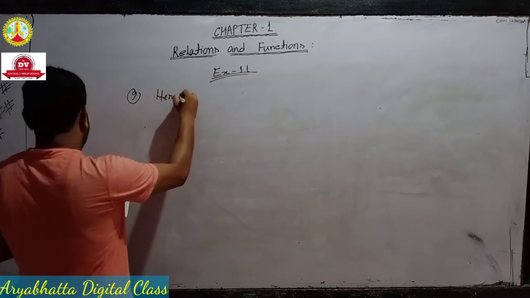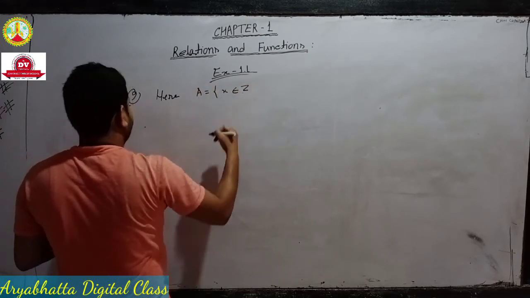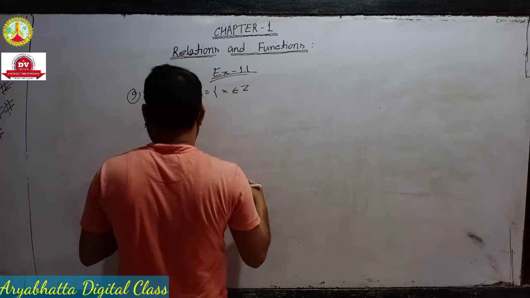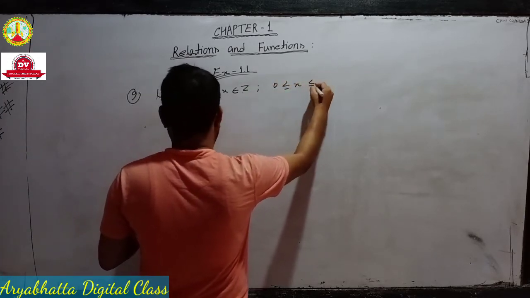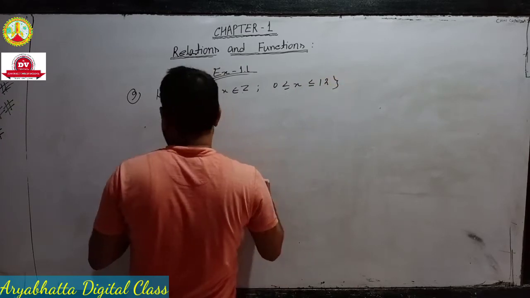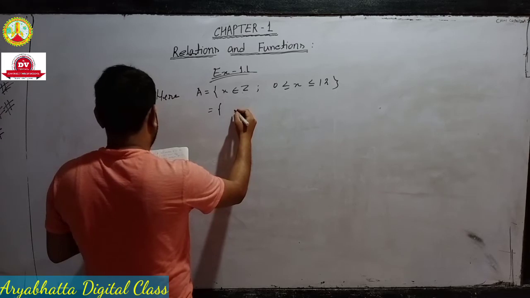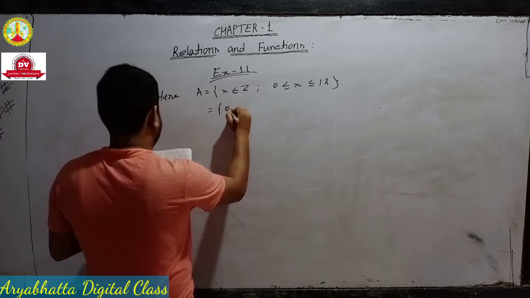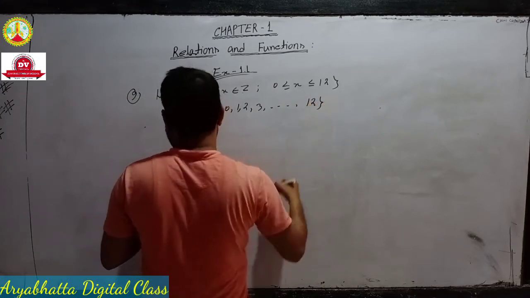Here A is equal to x belongs to Z, Z means integer, such that 0 is less than or equal to x less than or equal to 12. This is equal to 0, 1, 2, 3 to 12.